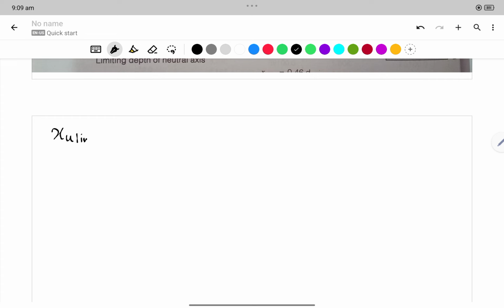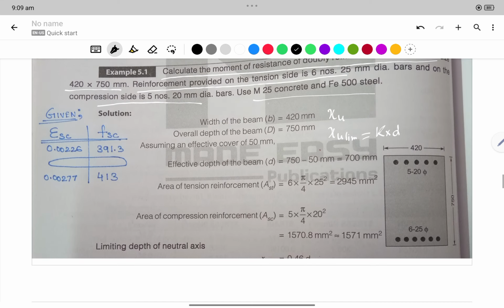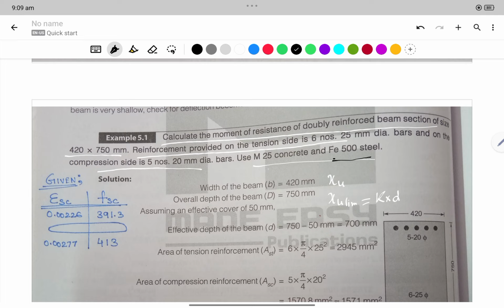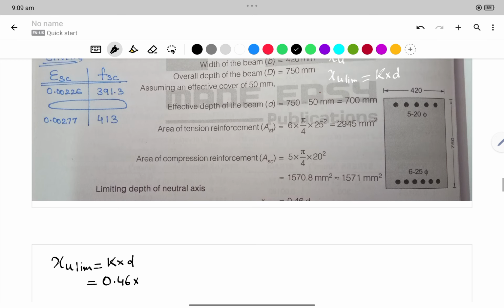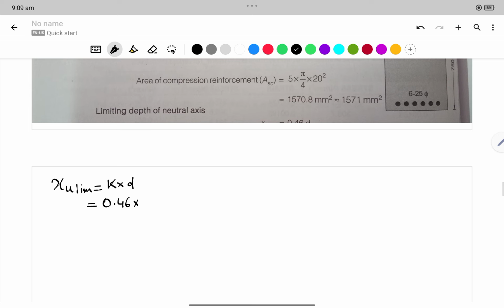XU limiting is equal to K into D. Now for FE 500, K is equal to 0.46 into D. Let's check what is the D. D is 750 minus 50. So it's coming as 322 mm.